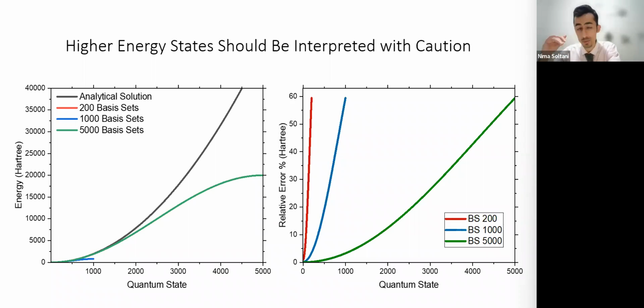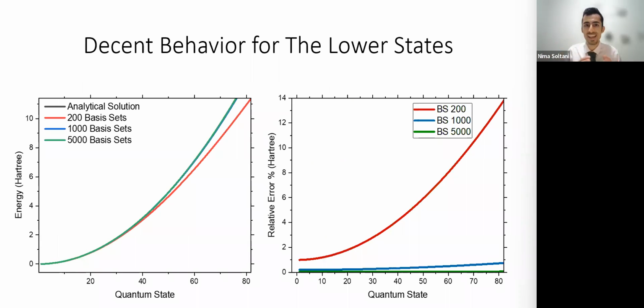However, for the lower quantum states, the program is able to print out very good values and very good results, with relative errors below 1%, which is really fascinating. However, you should be cautious about higher quantum states.